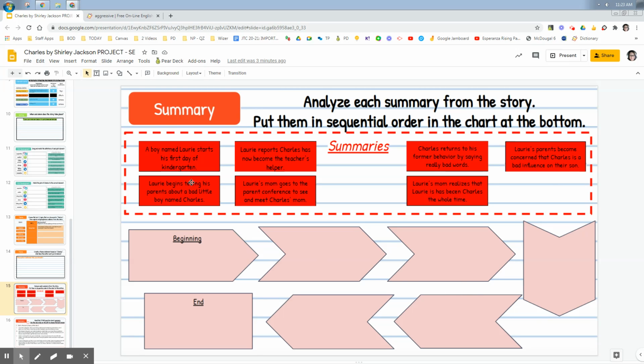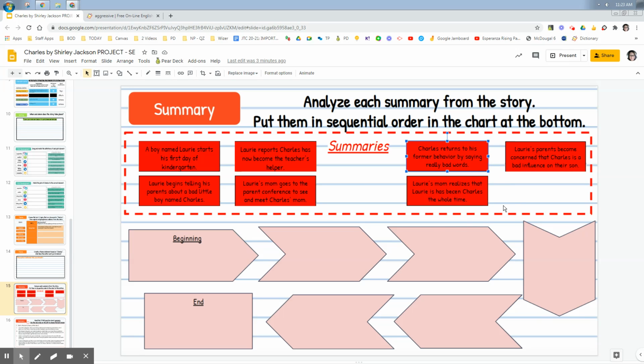So I'm going to read out the summaries. This first summary here: a boy named Lori starts his first day of kindergarten. The one below it says, Lori begins telling his parents about a bad little boy named Charles. This one here says, Lori reports Charles has now become the teacher's helper. This next one here says, Lori's mom goes to the parent conference to see and meet Charles's mom.